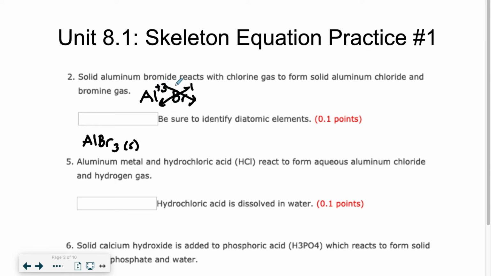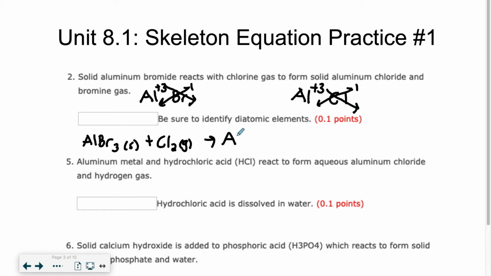The aluminum bromide reacts with chlorine gas. Chlorine gas is going to be a diatomic element, so Cl2, and G for gas. It is going to form solid aluminum chloride. So again, I have a compound. I'm going to need to crisscross the charges here. So I have Al +3, chloride is chlorine, so Cl -1, and those are going to crisscross down.